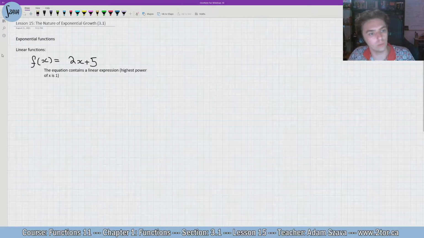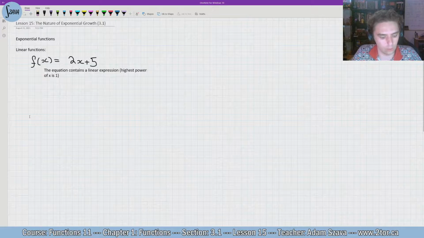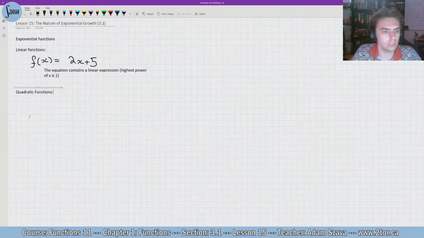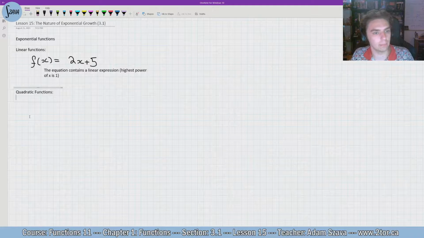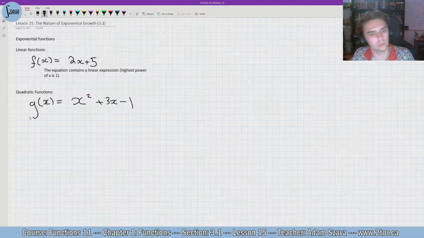You also know about quadratic functions. We talked a lot about that in Unit 1 of this course. You talked a lot about quadratics last year in grade 10, but here we're talking about quadratic functions, which are quite similar. That's something like x squared plus 3x minus 1.